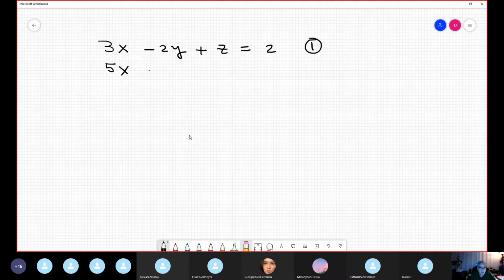Do you see what is the traditional way to write the linear system of equations? You put one column for the x, one column for the y, one column for the z. Sometimes it's presented that way, but sometimes no.